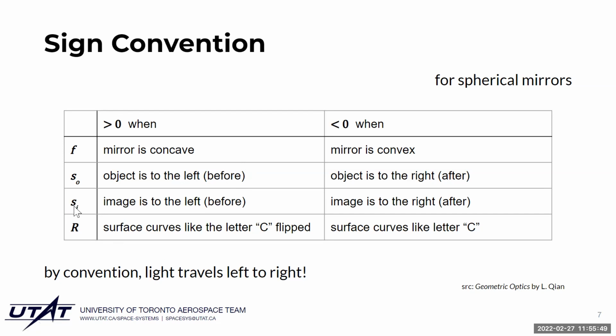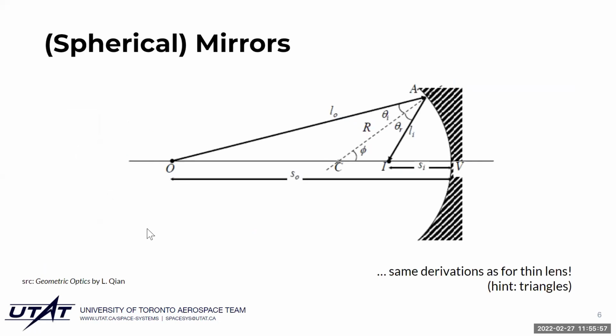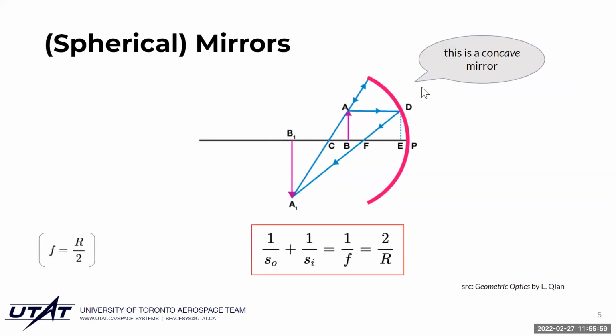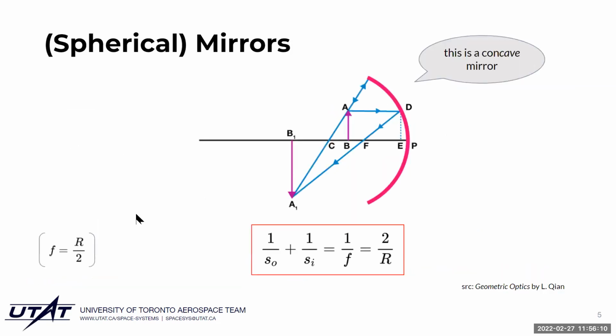Your image distance is positive when it's still to the left, because you're reflecting off of the mirror. That is totally the sound light makes. And then your R once again is flipped as well. So think of this as a positive radius of curvature, which corresponds with the F, if that helps.